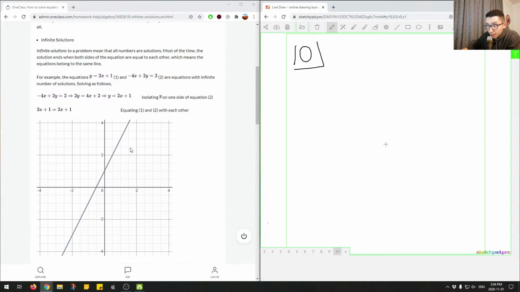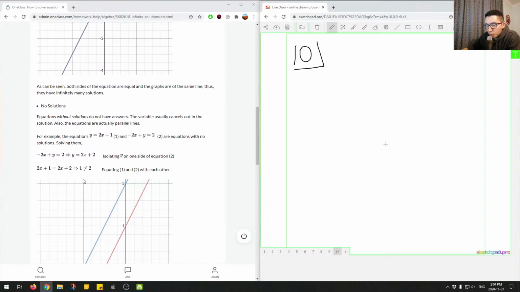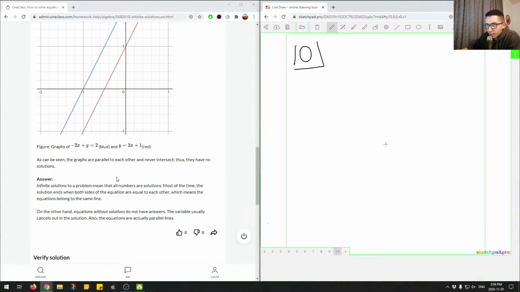And in the plot they drew, it's two lines overlapping each other. So 2x plus 1 is this line, and then there's another line on top of it, but it's not really visible. And that's where you get infinite solutions. In the no solutions example, they outline this equation and this equation, and plugging them in, you end up with no solutions and you get two parallel lines.